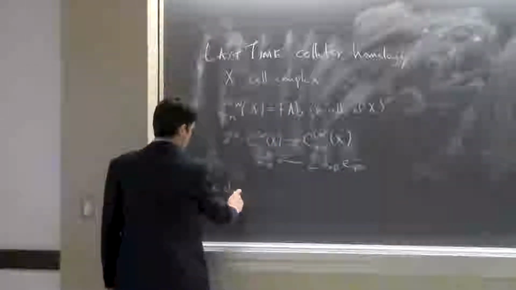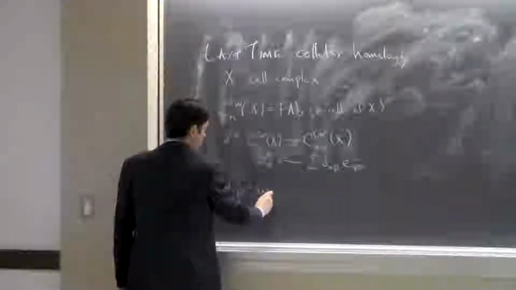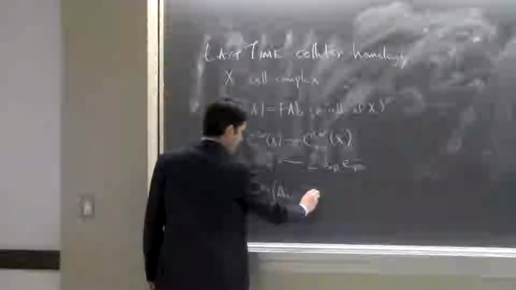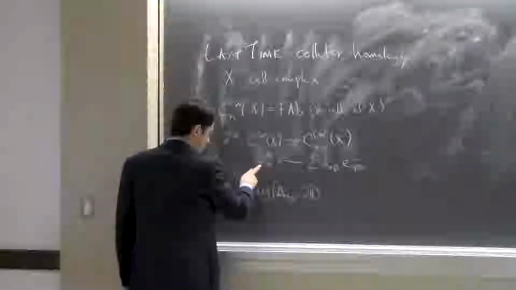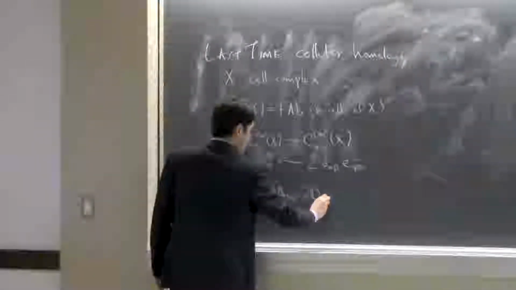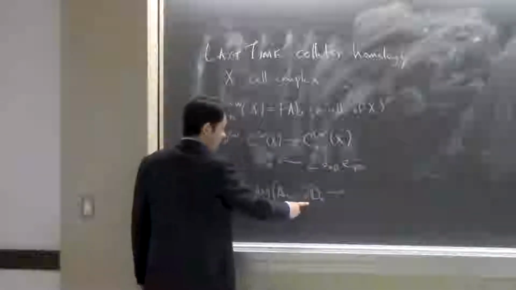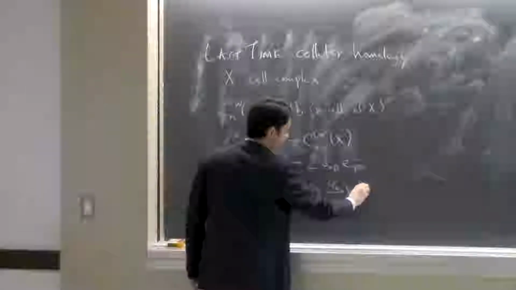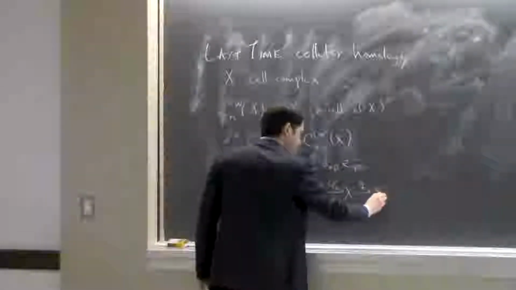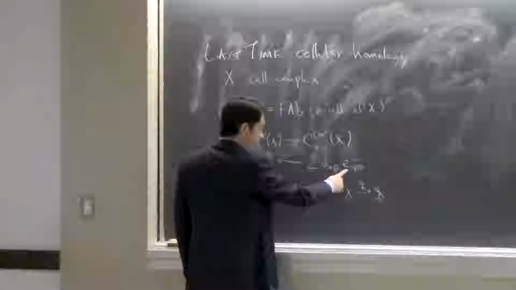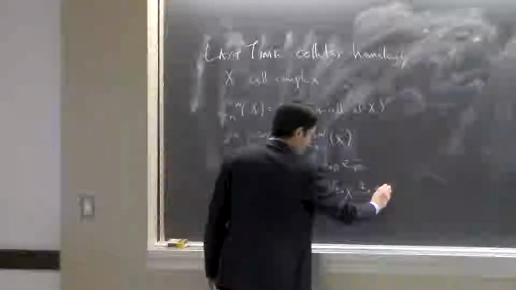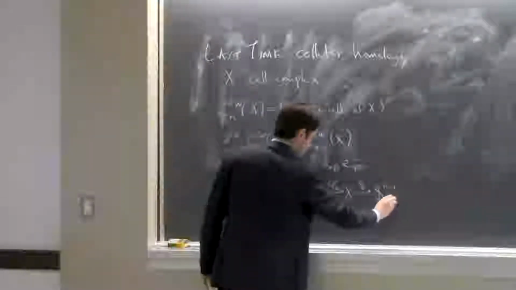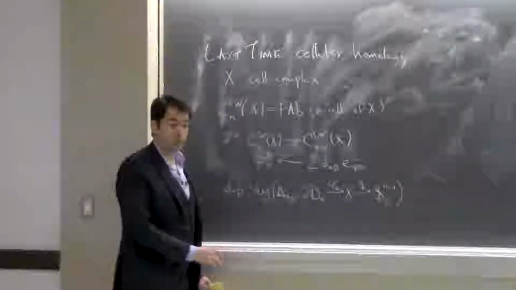And the coefficients are given by the degree of maps where you take the boundary of the n cell, you attach it onto your space X, and then you collapse everything except the n minus 1 cell you're looking at, so that you end up with a map between spheres of the same dimension.